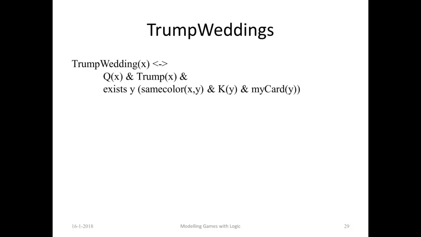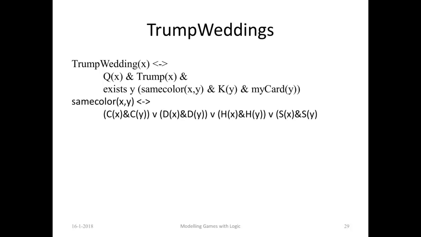So what I said was, it has to be a queen, it has to be a trump, and there needs to exist another card which has the same color, which is the king, and which is in my possession. So it has to be my cards. Yeah? And then all I need to do is somehow implement or represent the predicate same color.